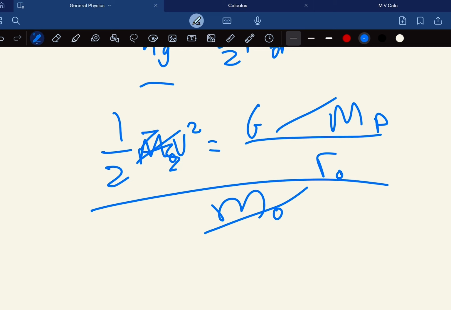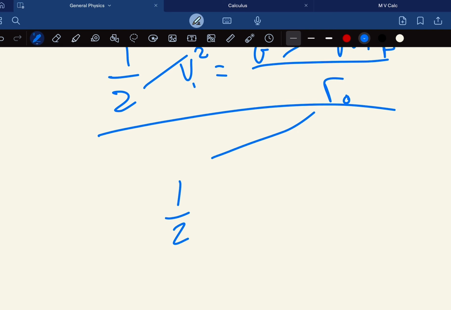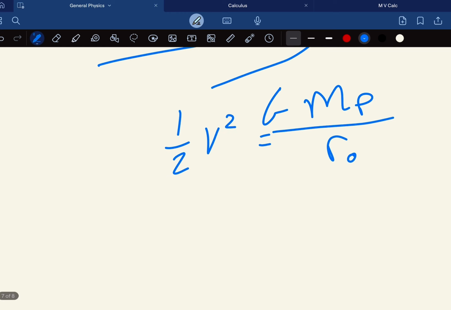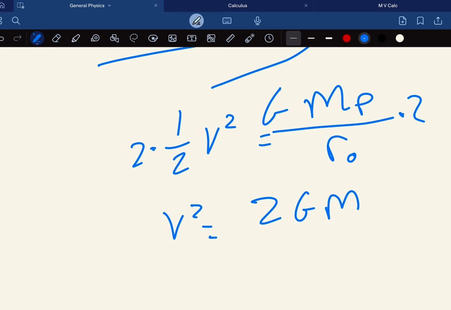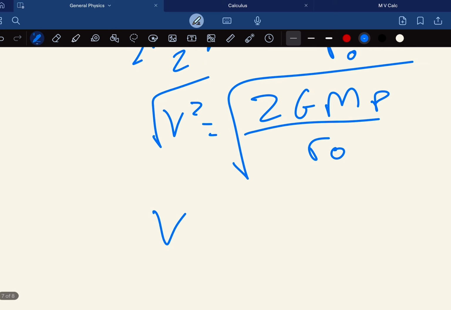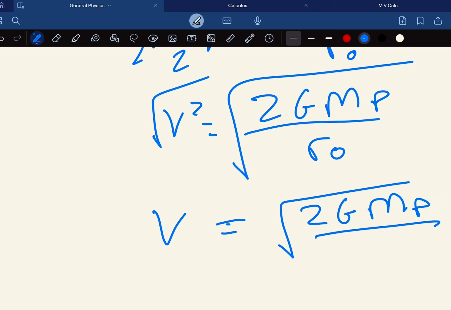So we have 1/2 v squared is equal to the mass of the planet times Newton's gravitational constant over r naught. So when we multiply both sides by 2 now, we get that v squared is equal to 2GMp over r naught. And then we can take the square root of both sides and we get our velocity is equal to radical 2GMp over r naught.